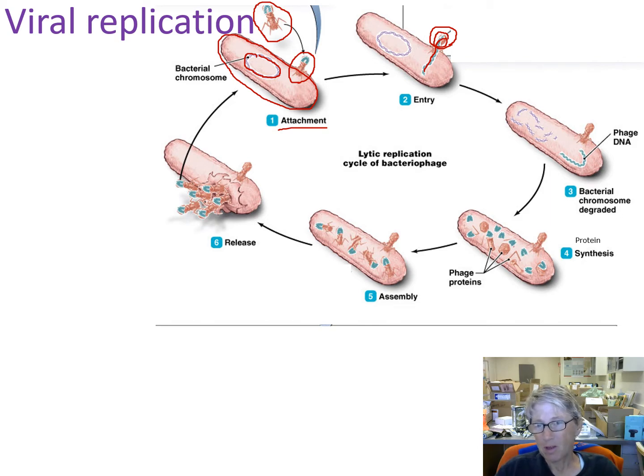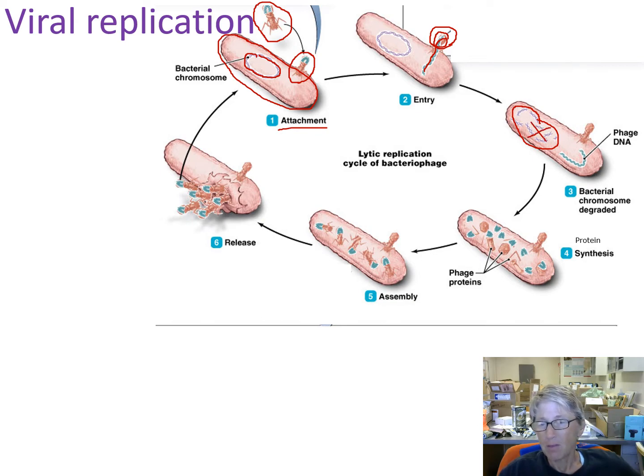And then in the third step, there are enzymes that come in with the virus that will degrade the bacterial chromosome. So remember, the bacterial chromosome was this purple circular chromosome. It got degraded, and now the phage DNA is the only DNA left in the bacteria. So its own DNA has been destroyed.